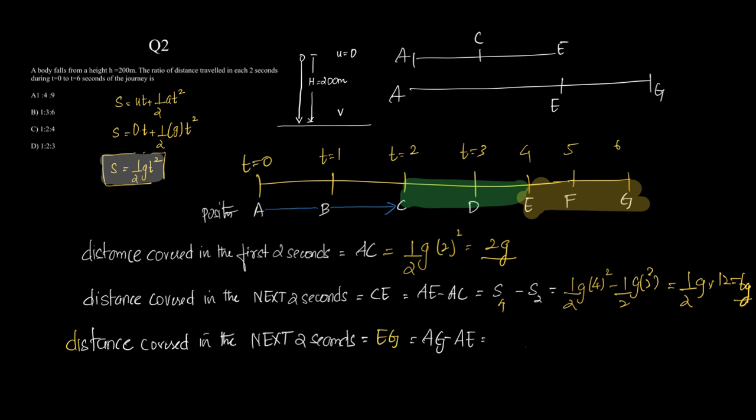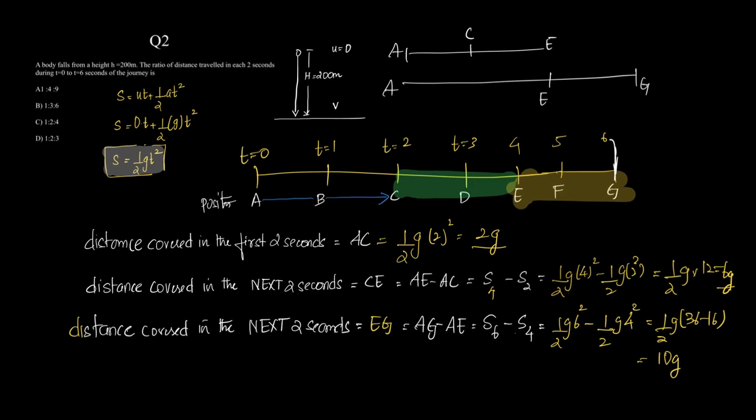What is AG? It's the distance traveled at time t is equal to 6, so we write S6 minus S4, which is AE. So half into g into 6 square minus half into g into 4 square. This is half into g into 36 minus 16. 36 minus 16 is 20. 20 by 2 is 10. So we have 10g, right?